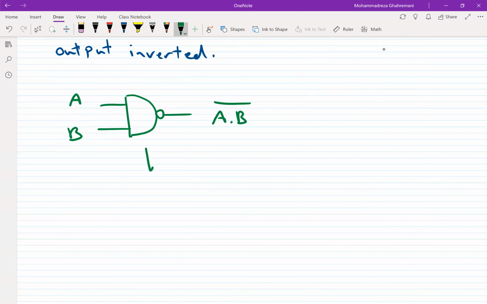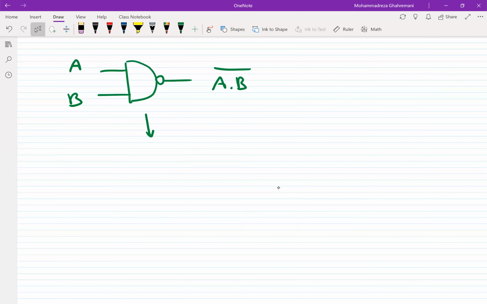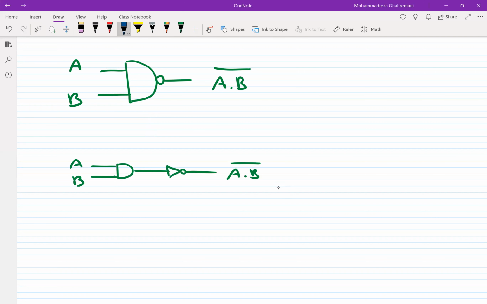If we expand this function, we can tell that this NAND function is equal to an AND gate and an inverter. So AB bar. These two are exactly identical.